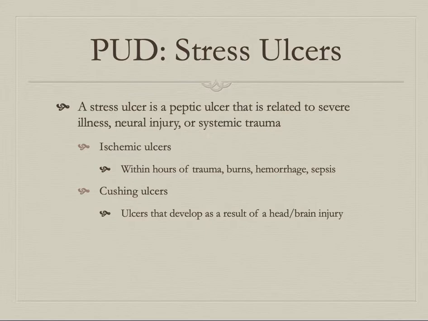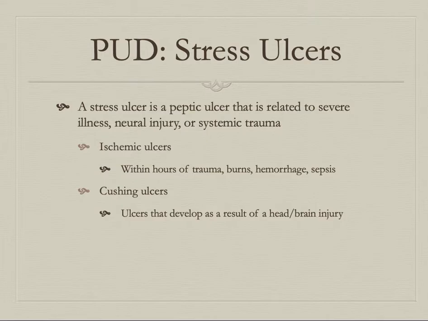So these occur within hours of a huge trauma, burns, hemorrhage, sepsis, anything that reduces the blood pressure and thus pulls the blood supply away from your GI tract, okay? Because remember that your stomach is not an essential organ, okay? Your brain and your heart are, and that's what your body will pull that away from, okay?